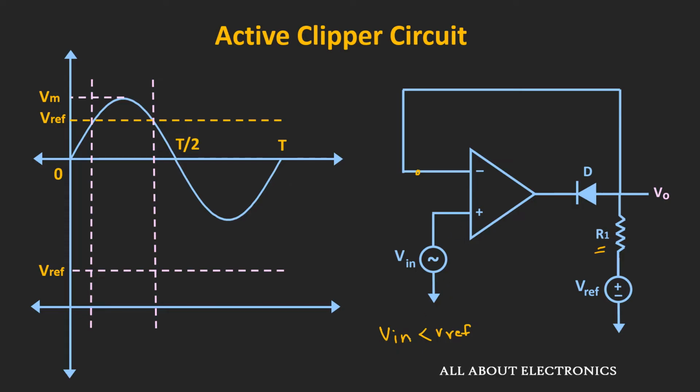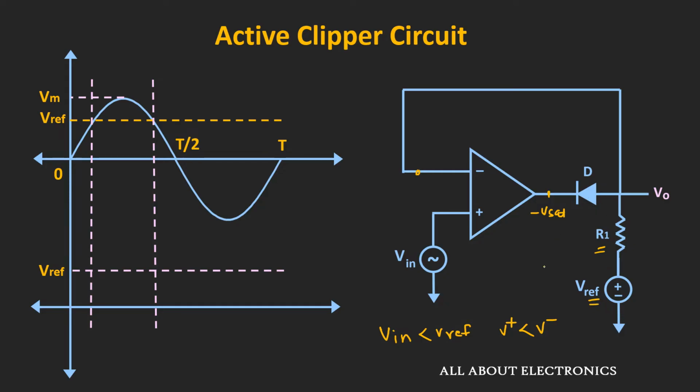Whenever the input voltage is less than the reference voltage, at that time the voltage V plus is less than V minus, and due to that the output voltage of the op-amp will momentarily go towards the negative saturation. The voltage at the anode of the diode is equal to the reference voltage.